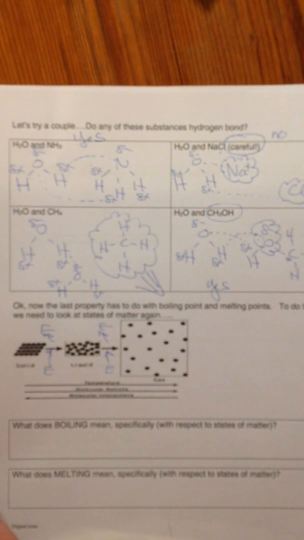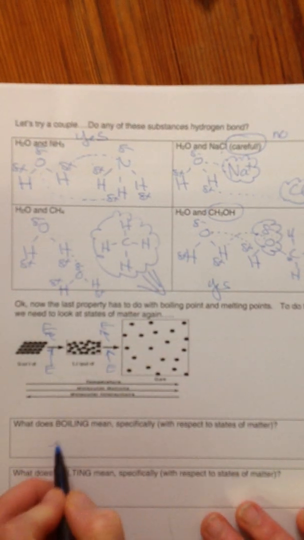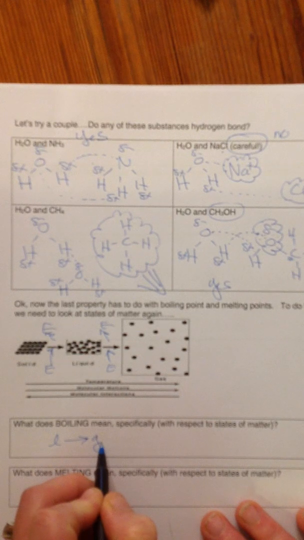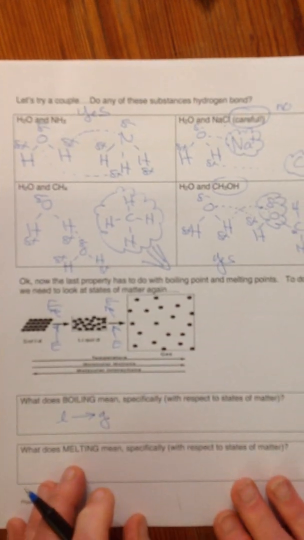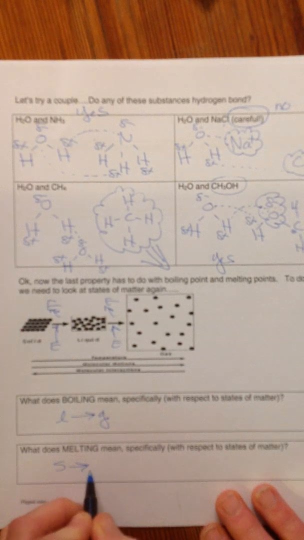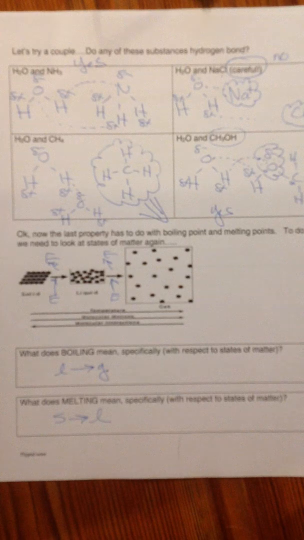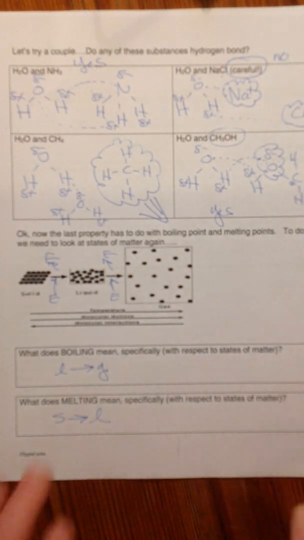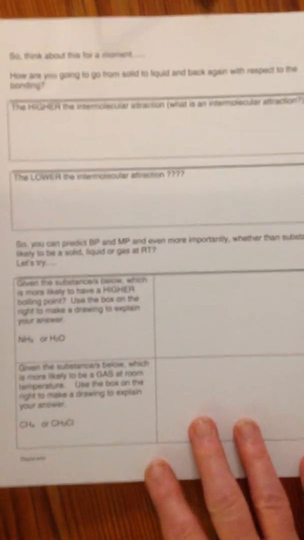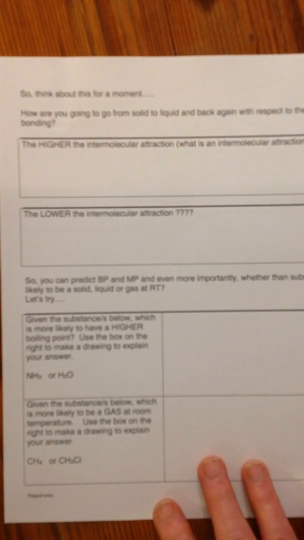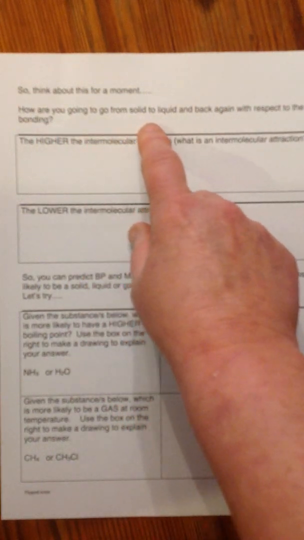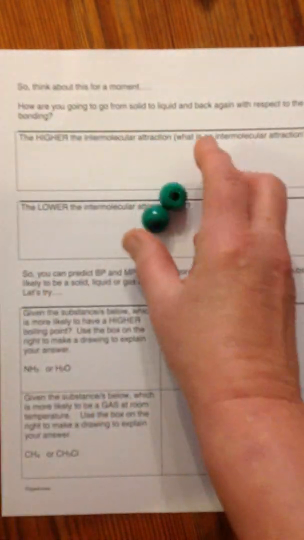Now boiling specifically means liquid to gas. And melting is solid to liquid. So you're going to have an energy situation happening each time you change states of matter. Now, with respect to the attractions, how are you going to go back and forth from solid to liquid, liquid to gas, and so forth when we're talking about functions of intermolecular attractions?